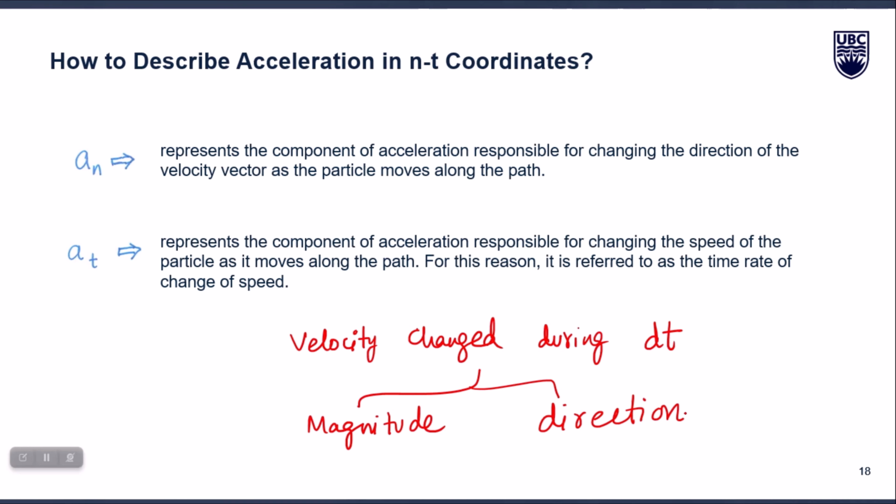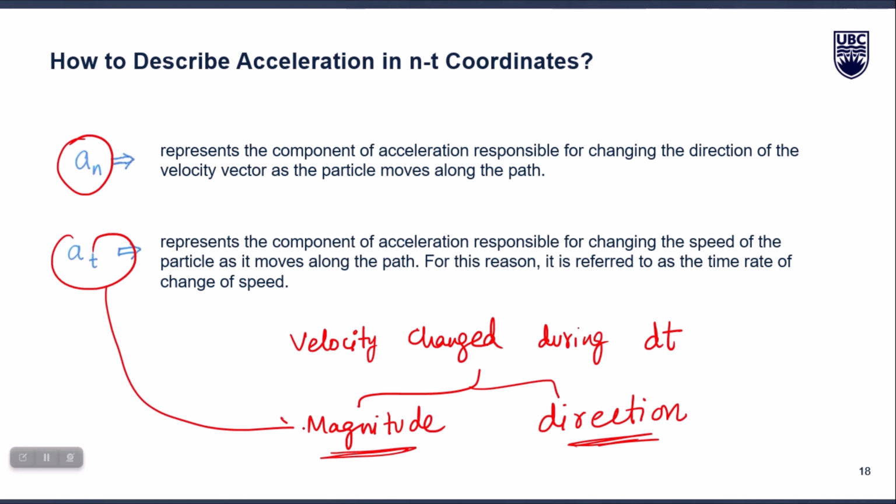So if you look closely, a sub n is representing the component of acceleration which is taking care of the change in direction of velocity. And a sub t is the component of acceleration which is taking care of the change in the length of the v vector, or speed of that particle. So a sub t is related to this effect, and a sub n is related to this change in direction of v effect, right? Therefore you have seen that a sub n is simply equal to v square over rho, right?